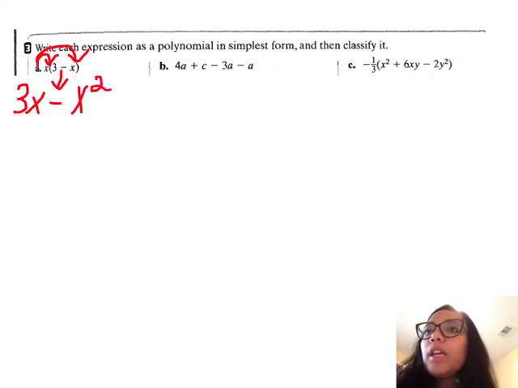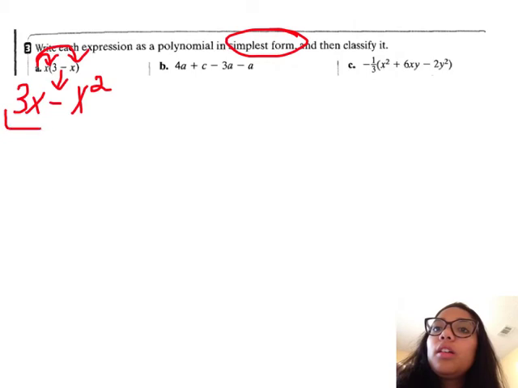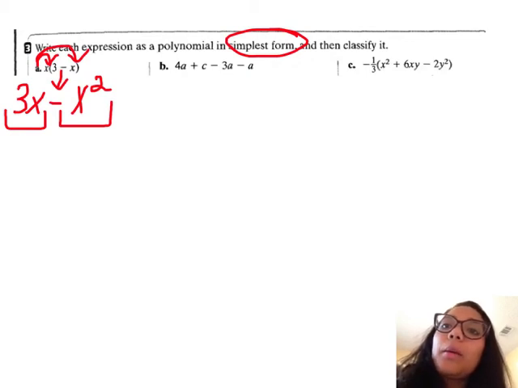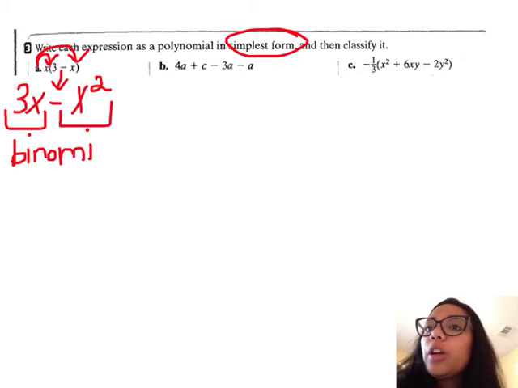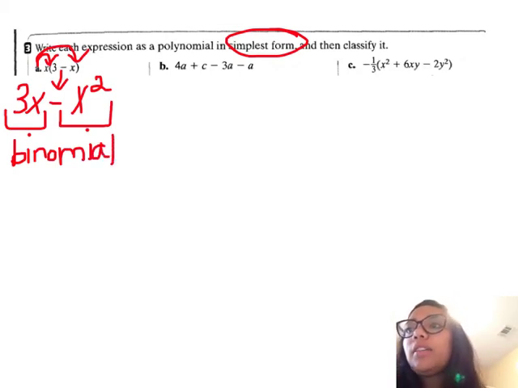Now, is it a polynomial? I've done it as the simplest form. And then classify it. Is this a polynomial? Yes. What kind? There's a minus sign that is dividing 2 terms up, so that means that this is a binomial. I want you to go ahead and pause it and do B and C, and then we'll see how you do.